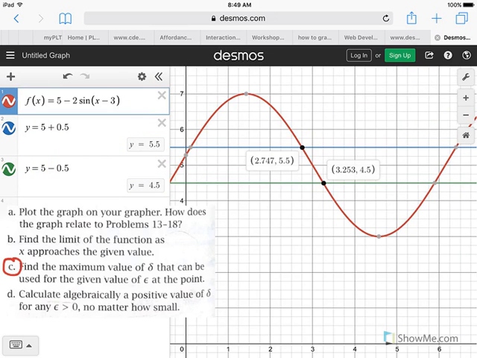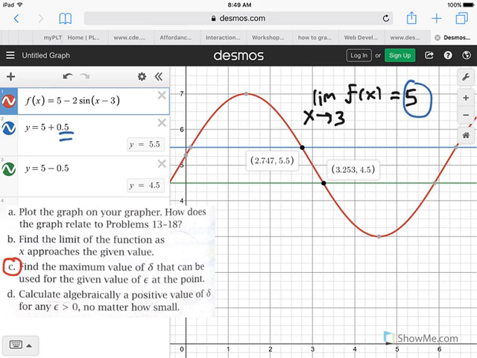So to do that, we're going to look at these two. We look at the graph of f, which is the sine curve shown in red, and we look at what the limit is. As I wrote earlier, the limit of f of x as x approaches 3 is equal to 5. And the given value of epsilon in our problem is 0.5.